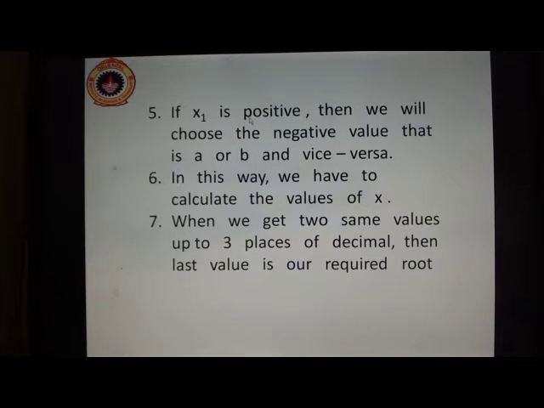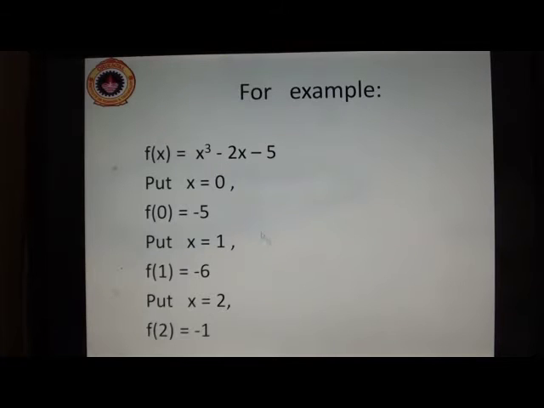If f(x1) is positive, then we choose the negative-valued point, a or b, and vice versa. In this way, we calculate the value of x. When we get two same values up to 3 decimal places, the last value is our required root.